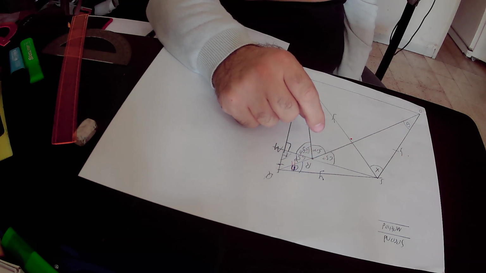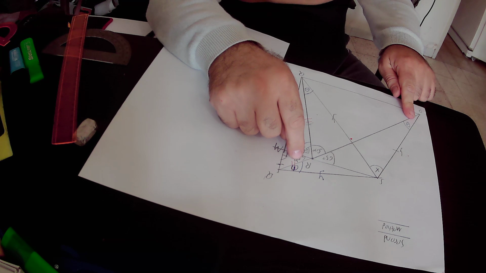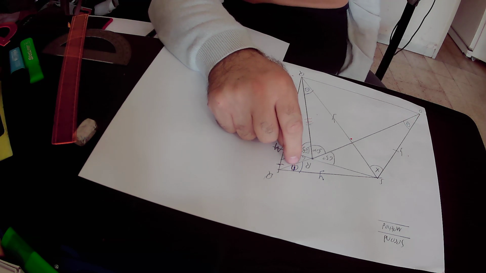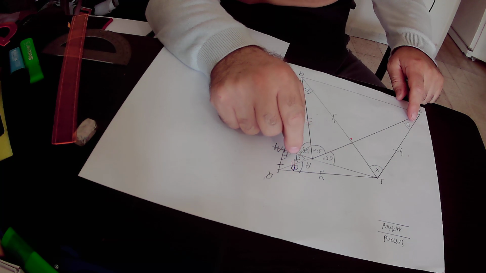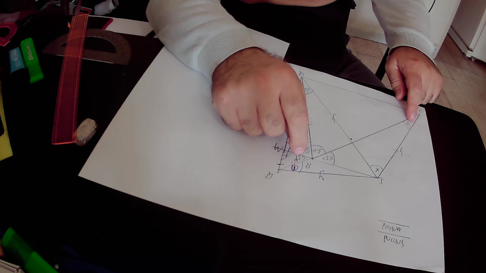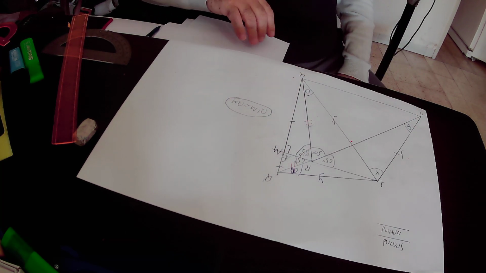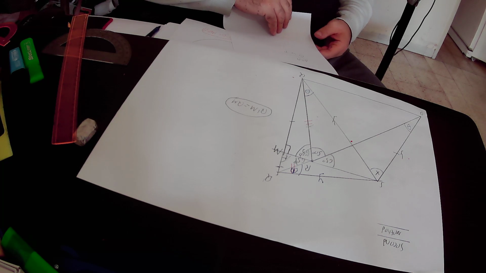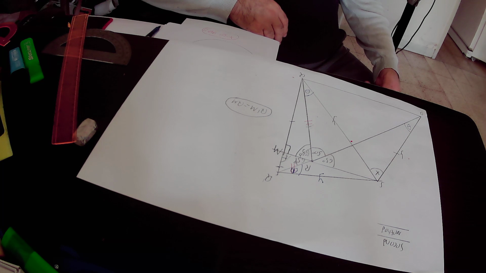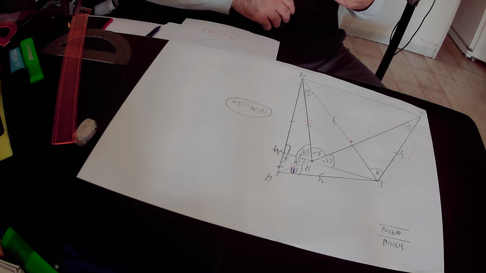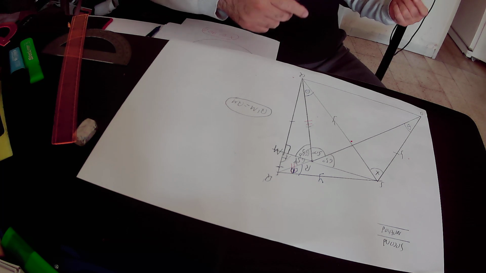That is to say, those two angles are equal to each other, and because this angle equals theta, then this angle must also equal theta because those two angles are equal to each other. And from this point, we continued according to the first method.